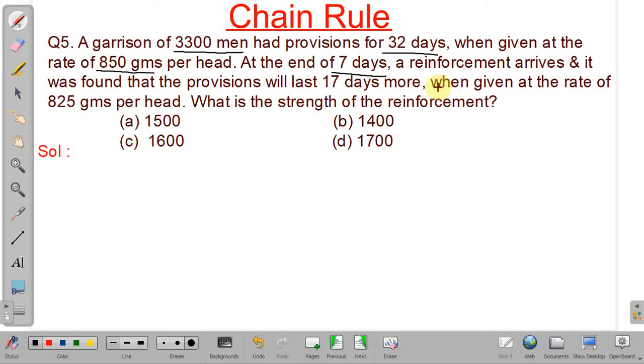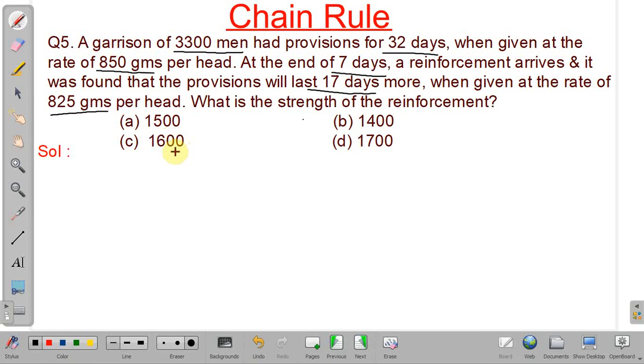So we have to find the strength of the reinforcement, means how many soldiers are in that. Reinforcement arrives, and the remaining provisions last for only 17 days. And rate of consumption is also decreased to 825 grams per head.